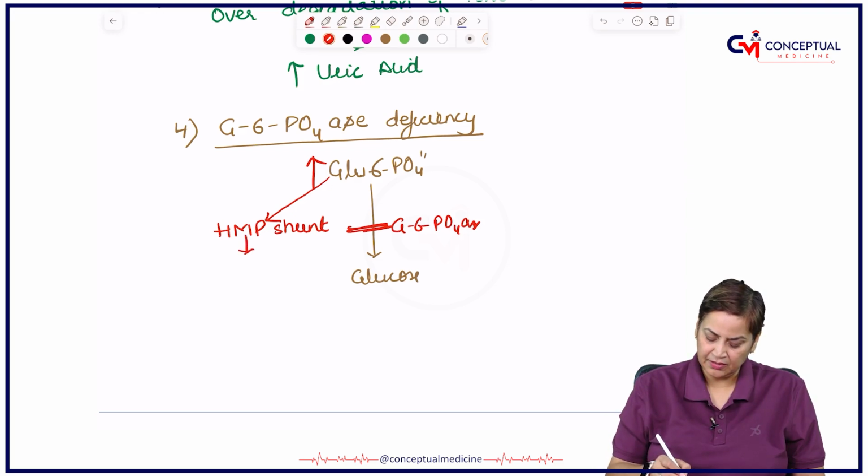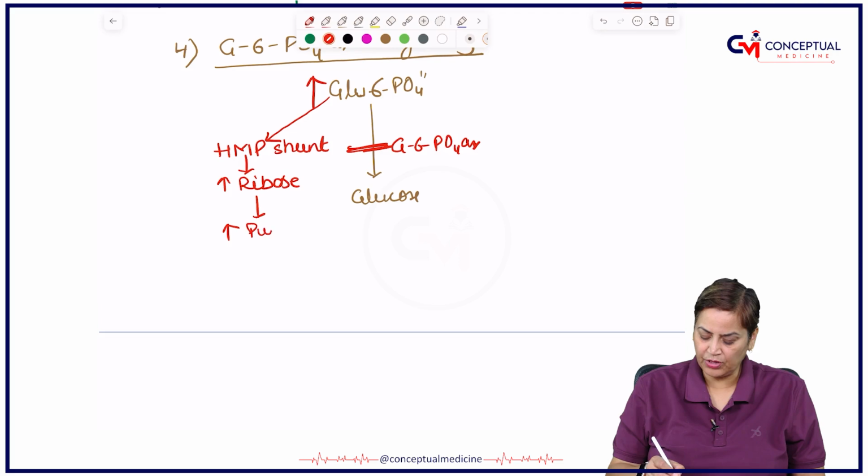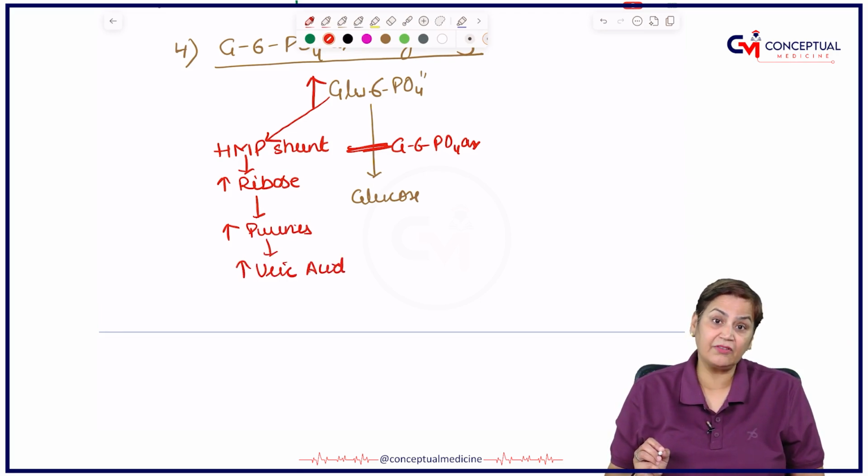The HMP shunt produces more ribose, which leads to more purine production and more degradation. So this is another very important point.